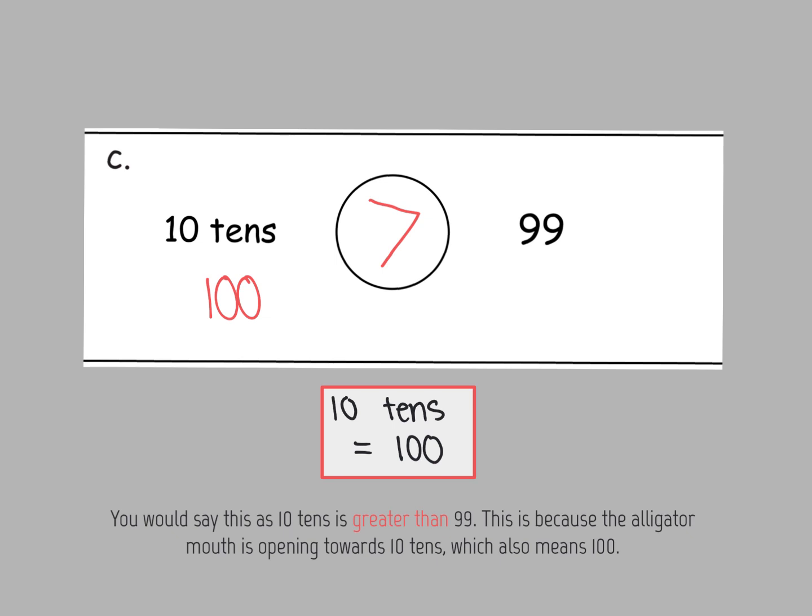So we would say that 10 tens is greater than 99 because right here we see that 10 tens equals 100. This is because the alligator mouth right here is opening towards the 10 tens, which also means 100. So that alligator mouth wants to go towards the 10 tens. So 10 tens is greater than 99.